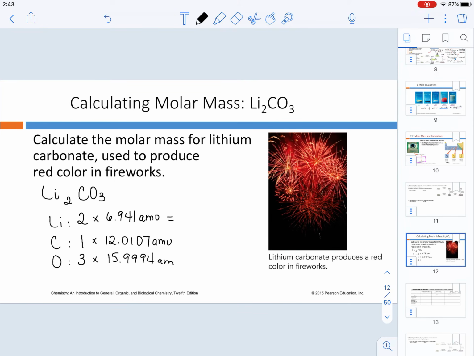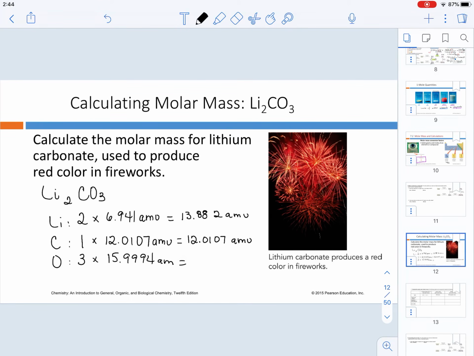Let's do the multiplications. 1 times 12.0107 is the same value. Then we have 6.941 times 2. That is 13.882 AMU.